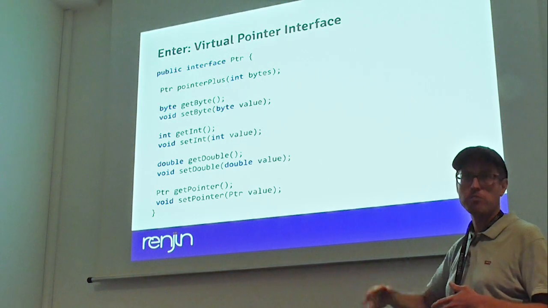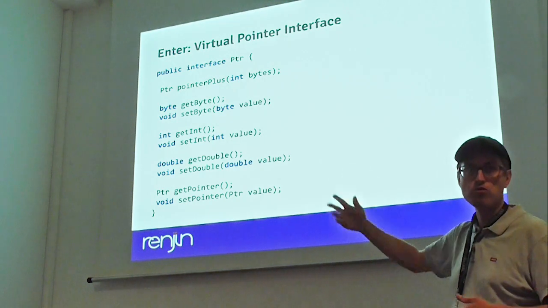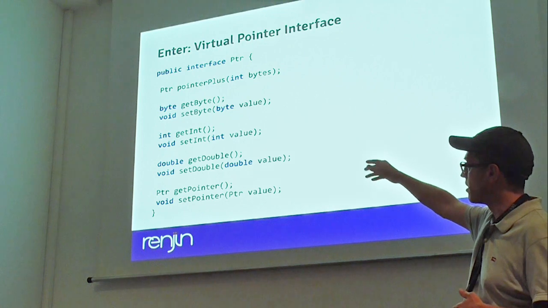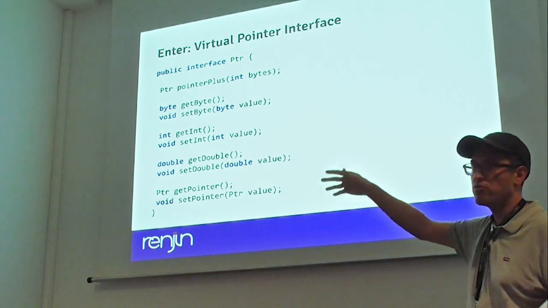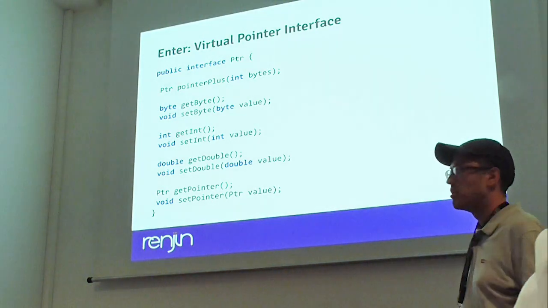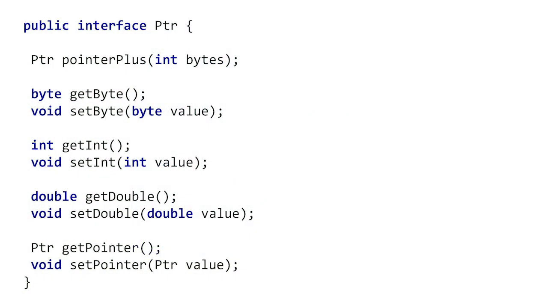So if you want this pointer plus 8 bytes, it will give you a new pointer. If you want to set a byte, if you want to set a double, if you want to set a float, whatever, we'll just do that. And so this allows us to work around and to paper over the differences between the memory models.